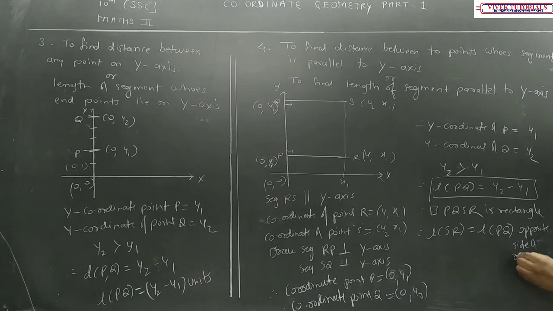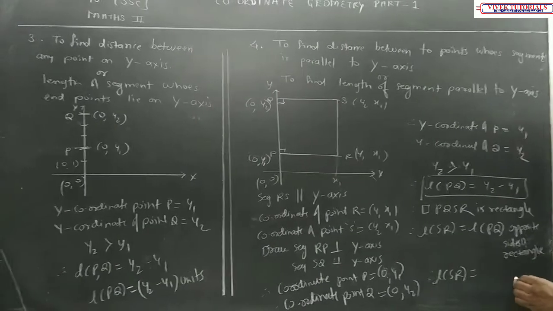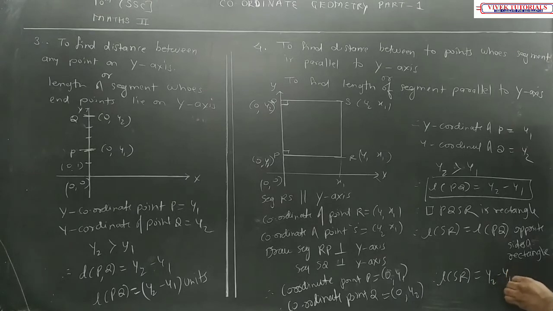Opposite sides of a rectangle we can write. Therefore, length SR is equal to y2 minus y1 units.